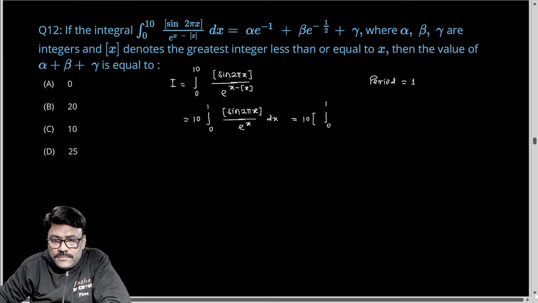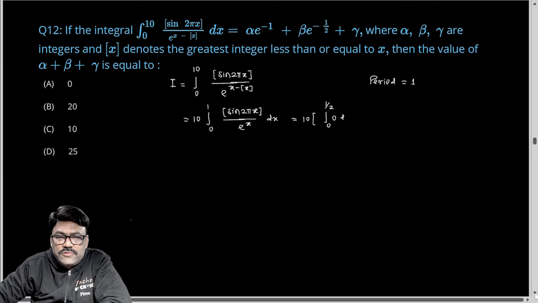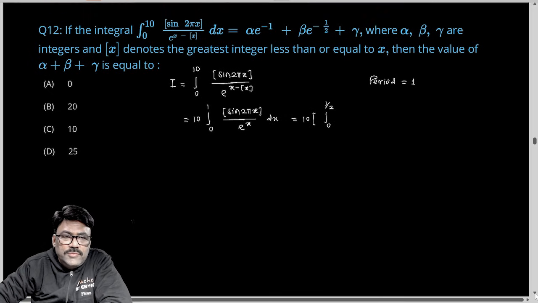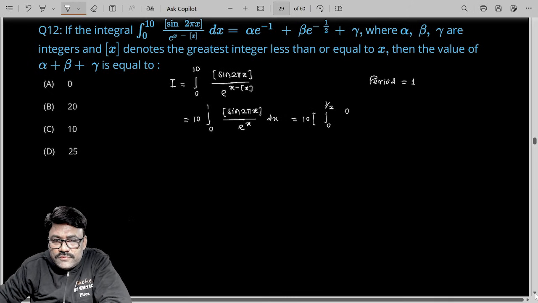From 0 to half, sine 2 pi x lies between 0 and 1. So hence the integral part will be 0. Here it will be 0 over e raised to x.